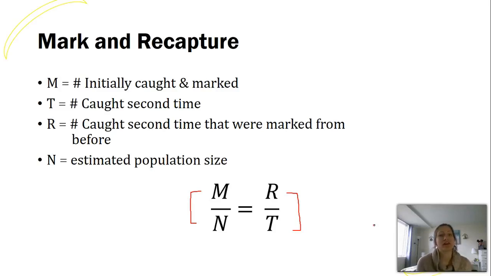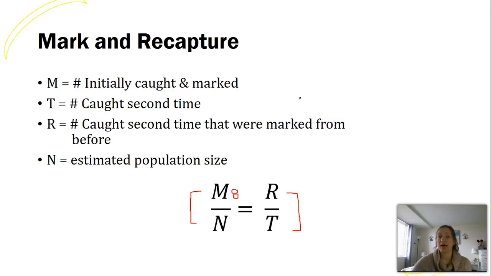As I mentioned, the first thing you're going to do is go out and sample. So I went out and I saw those 8 whales. M are the ones that we marked. These are the ones I originally saw, and I marked them. So I'm just going to write in this 8. T is the number that I saw the second time around. In my example, I saw 8 the first day and came back home.